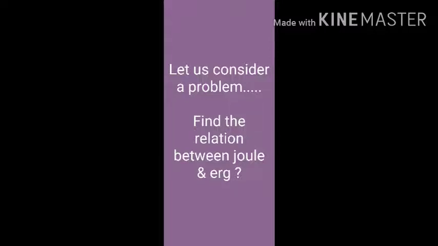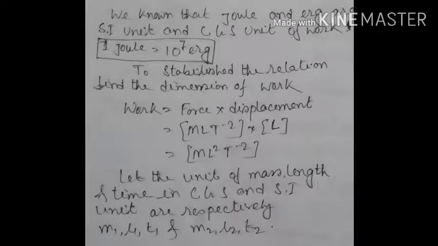The problem is to find the relation between joule and erg. We all know that joule and erg are the SI and CGS units of work, so we have to make the relation. And 1 joule is equal to 10^7 erg. We will prove this relation.